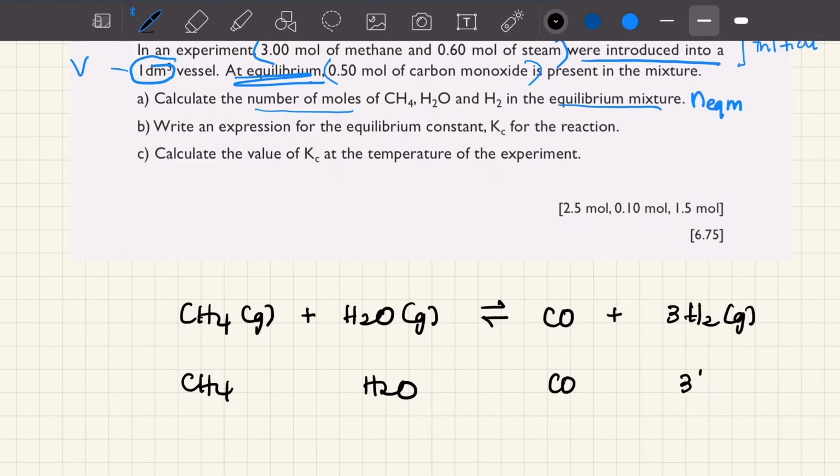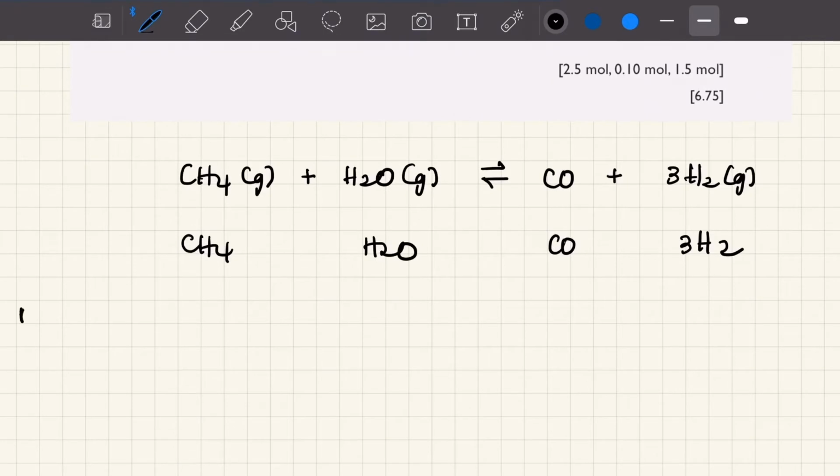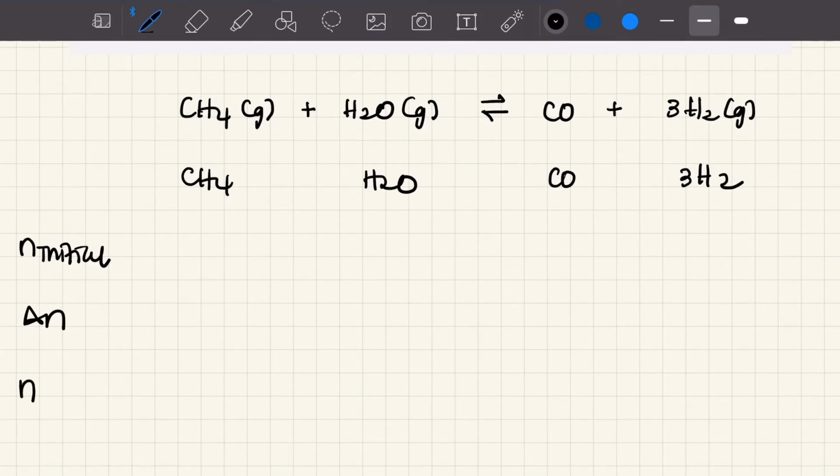For the ICE table, we're going to have our N initial, that's the format, delta N, your change, and N equilibrium, that's your mole at equilibrium. Then you're going to write down the concentration at equilibrium, because you will usually always need the concentration at equilibrium to find Kc or whatever.